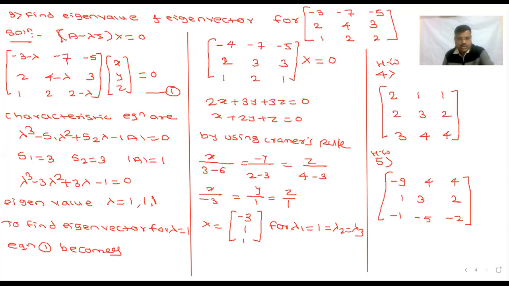Sorry, -9, 4, 4, -8, 3, 4, 16, 8, 7. For 2, 1, 1, 2, 3, 2, 3, 4, 4. Last one, -9, 4, 4, -8, 3, 4, 16, 8, 7.